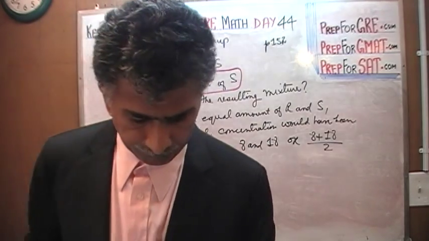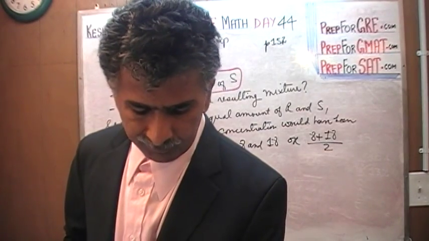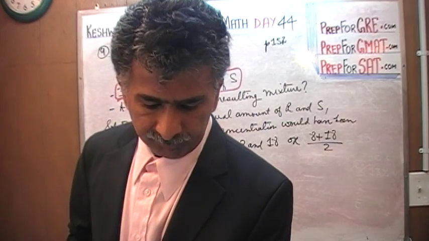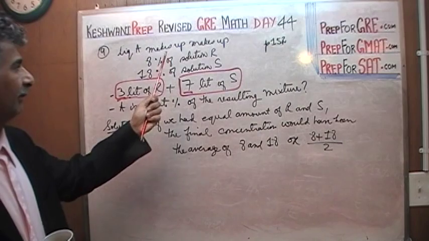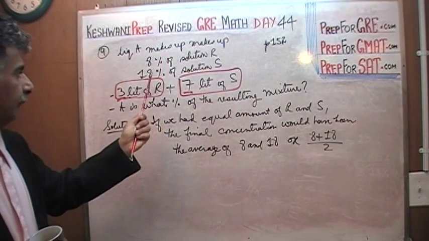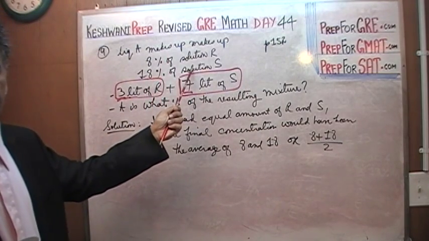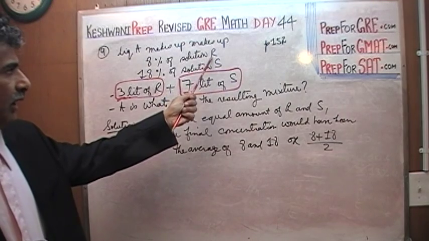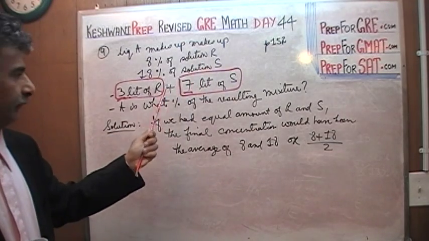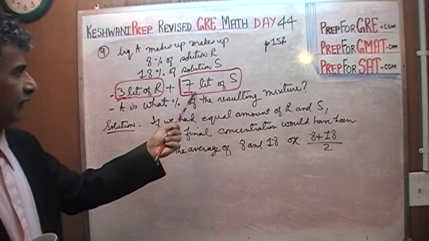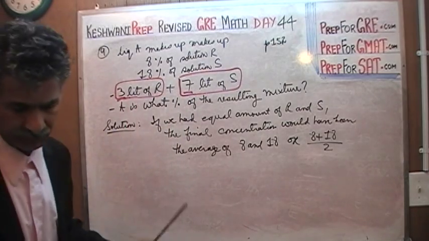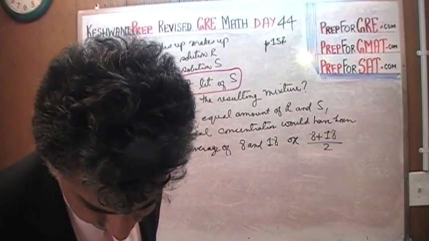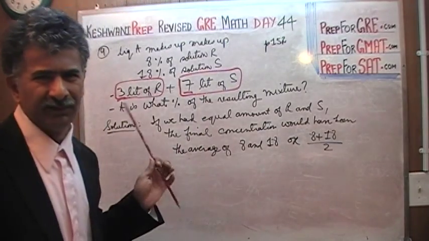It says, by weight, liquid A makes up 8% of solution R and 18% of solution S. We mix 3 liters of R and 7 liters of S. Don't worry about the units; in the problem they said 3 grams, I think, or something else. It doesn't really make any difference.